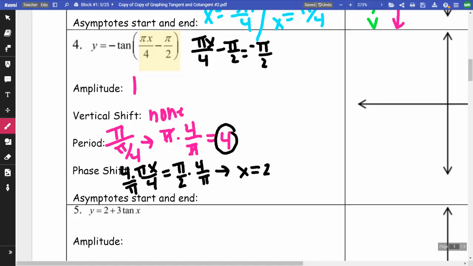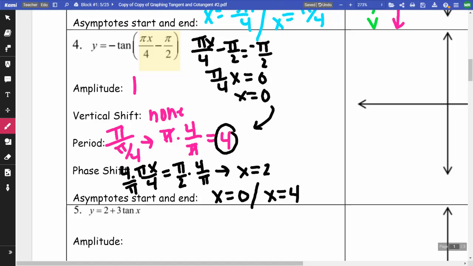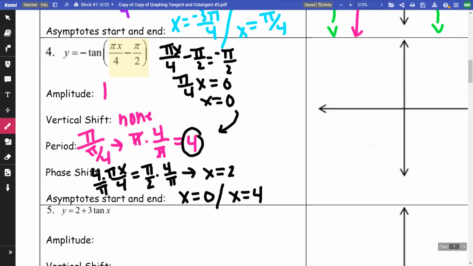So I am going to add pi halves to both sides. So when I do that, I'm going to get 0. And so my first asymptote is going to be 0. So that's pretty easy to add 4 onto. So I'm going to have one at 0, and then I'm going to have one 4 away, which is at 4. So 0 and 4.